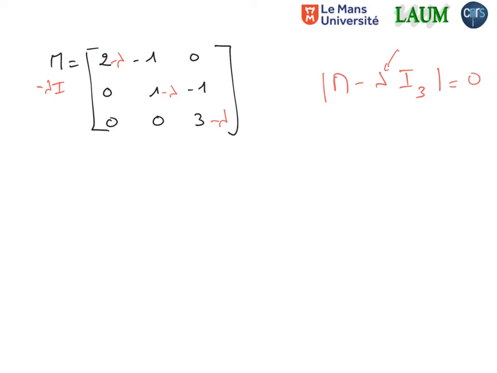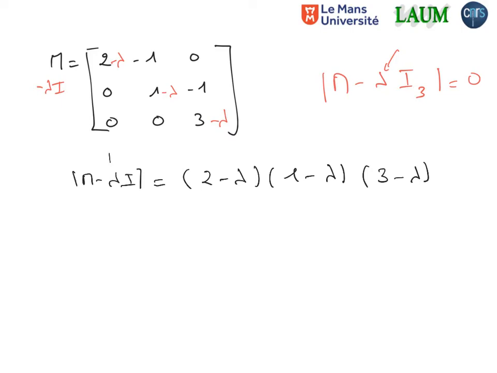The characteristic polynomial, the determinant of M minus lambda times the identity, is equal to 2 minus lambda times 1 minus lambda times 3 minus lambda. And we see clearly that the roots are 2, 1, and 3, because these are the roots of the characteristic polynomial.